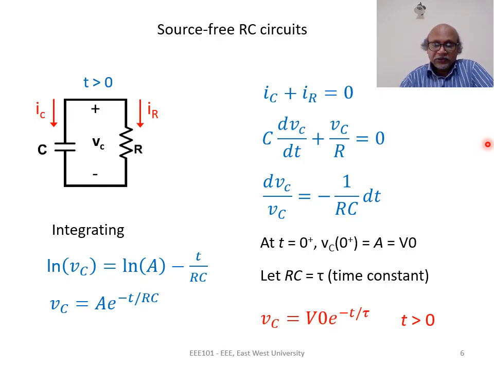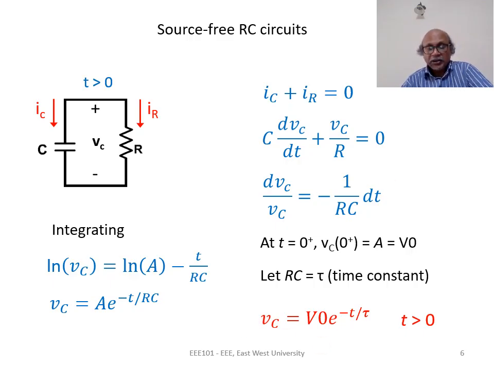We now want to see how this capacitor voltage varies with time. We want to look at that graphically. At t equal to 0, the exponential term is 1, so the capacitor voltage is equal to V naught, which is the initial value. At t equal to infinity, e to the power minus infinity is 0. So the capacitor voltage is 0.